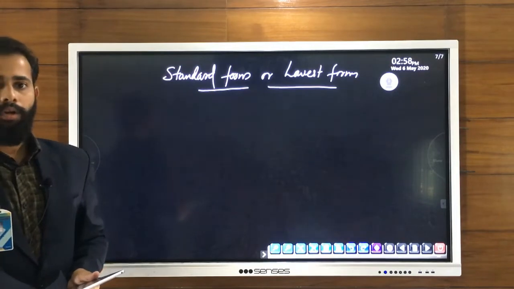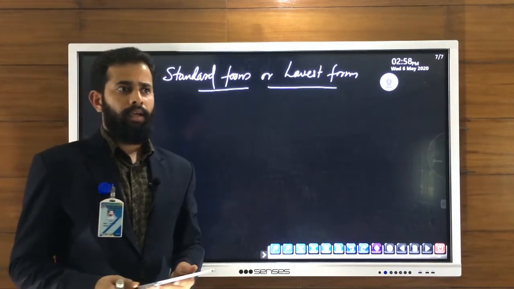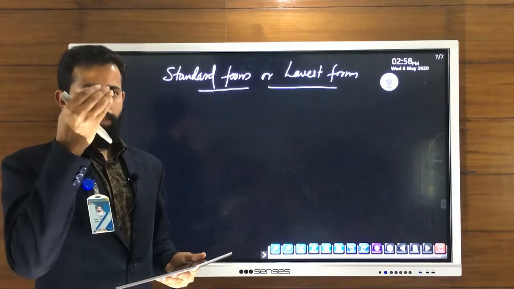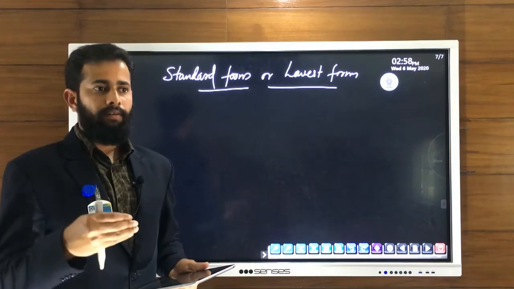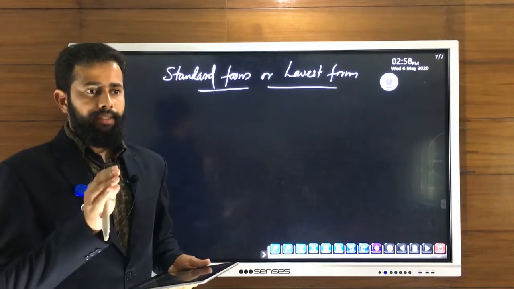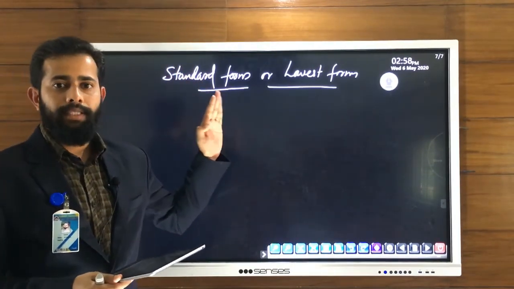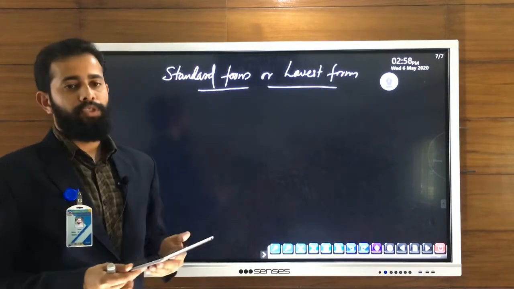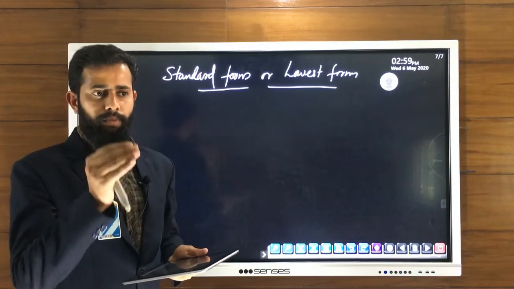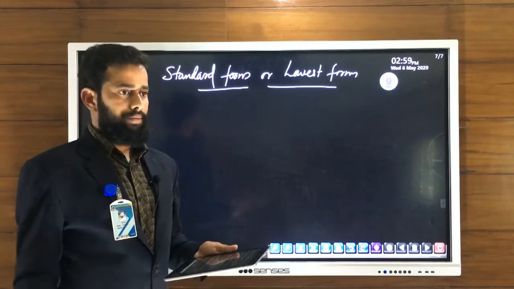We can define standard form like this: in a rational number, the numerator and denominator have no common factors other than 1. In that situation, that form of the rational number is the standard form or lowest form. I repeat once again, the numerator and denominator have no common factors other than 1.